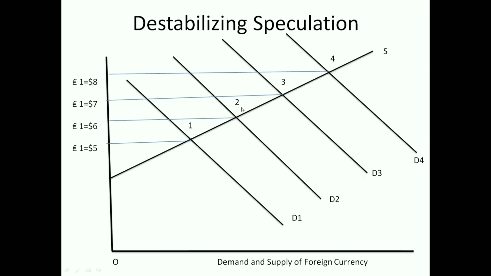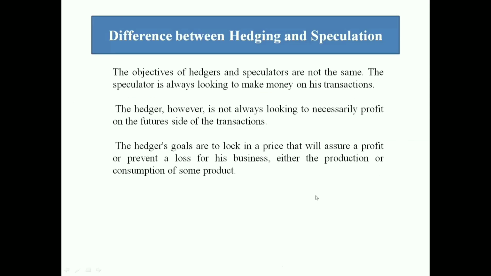So they are not ready to sell foreign exchange, and that is why the supply curve would remain constant. It's not fluctuating. And that's why the exchange rate is shifting from 2 to 3, 3 to 4, and so on. So this is a condition of destabilizing speculation.